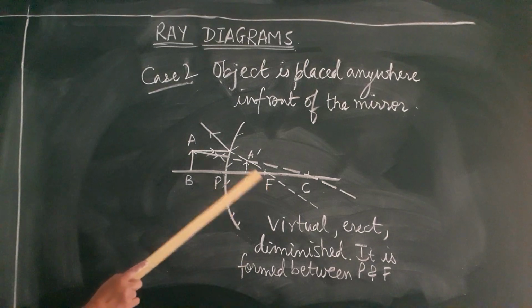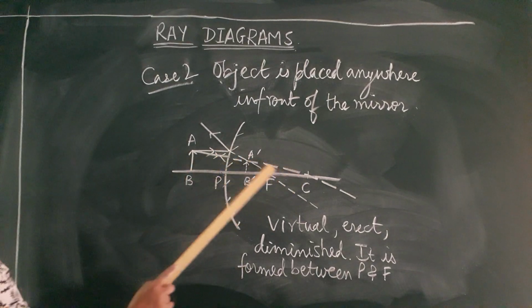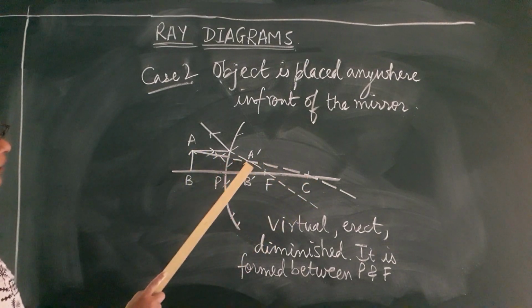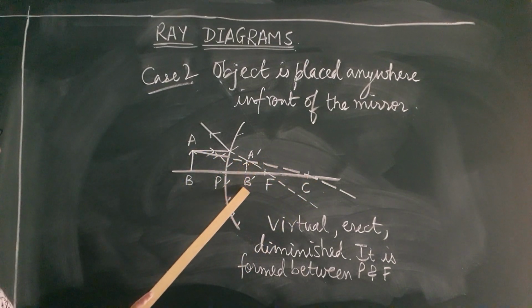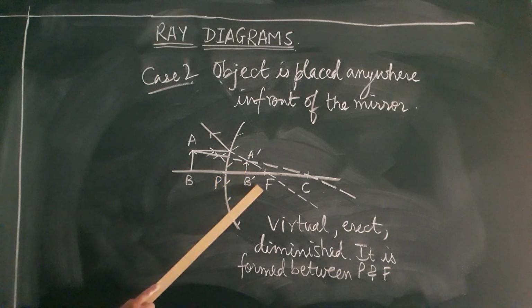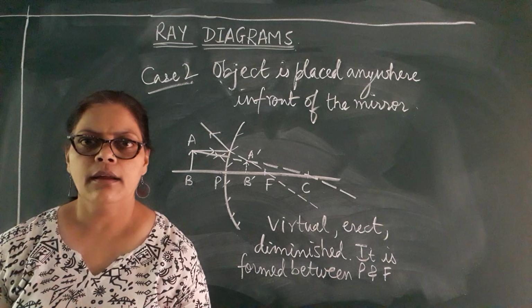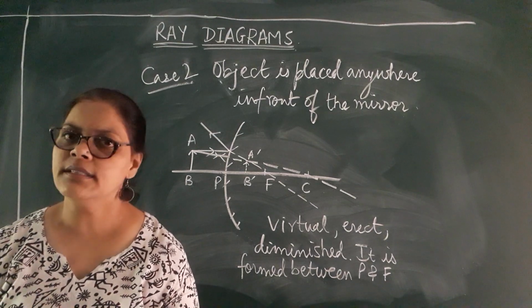Have a look. A ray of light moving parallel appears to pass through F, and a ray of light appearing to pass through C, retraces. Both of them crisscross or bisect each other at this point between P and F, and there the image is formed, and it is virtual, erect, and diminished.